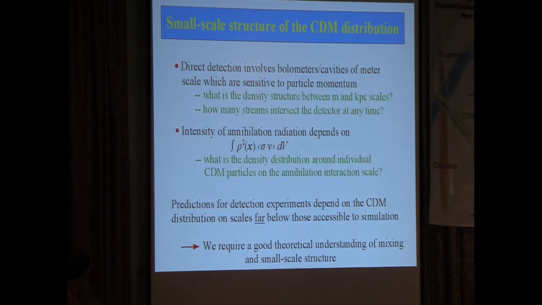That's sensitive to the momentum of the particle. So you have to know what the structure is on the scale of your detector, and that's a big sapphire crystal this far across. You need to know what the distribution of the dark matter is on scales of 1 meter. Our simulations give you the distribution on 100 parsecs. So there's quite a lot of extrapolation.